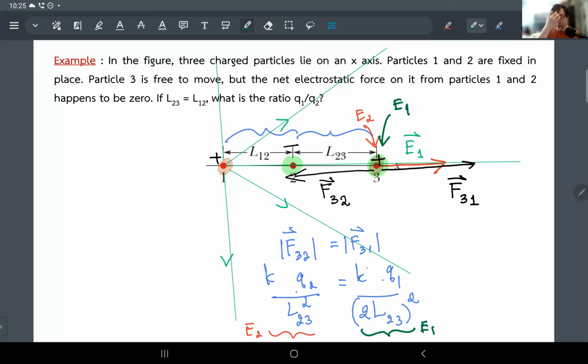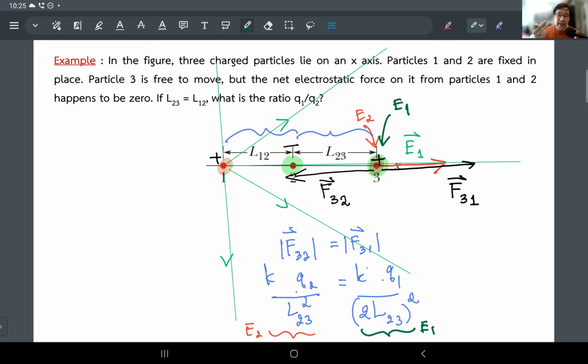So this is sort of going in a circle, just to confirm that you can compare the force acting on charge number three, or this problem is exactly the same as saying that the net electric field at the position of charge number three is zero.